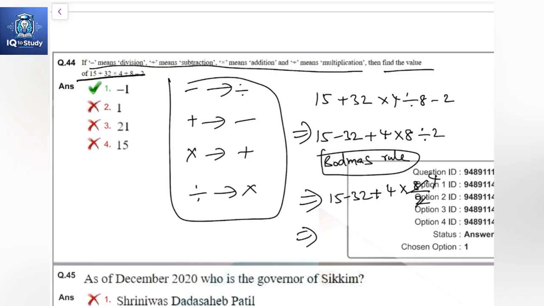Which becomes 15 minus 32 plus 16. That becomes minus 1. So option 1, minus 1, is correct.